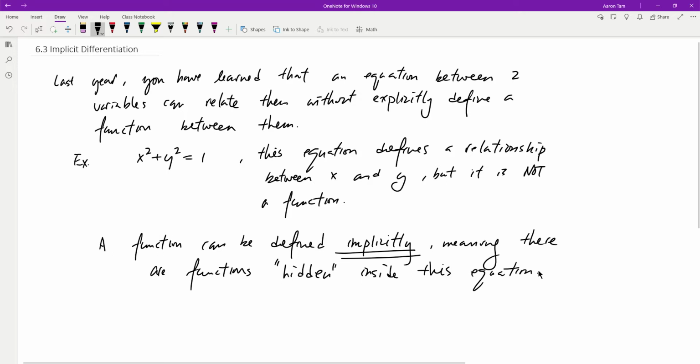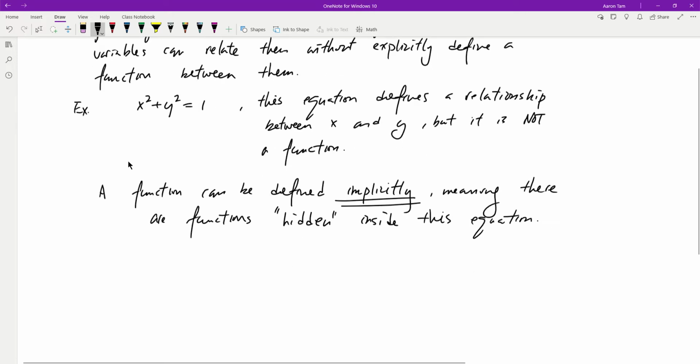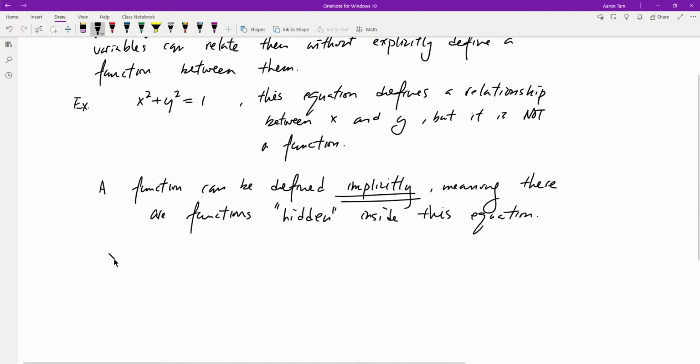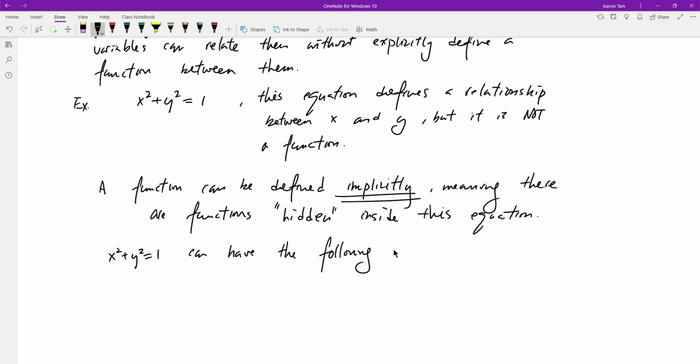There could be multiple of them. So for example, in this case, this equation can have the following function hidden inside.